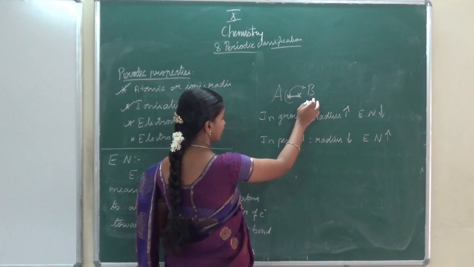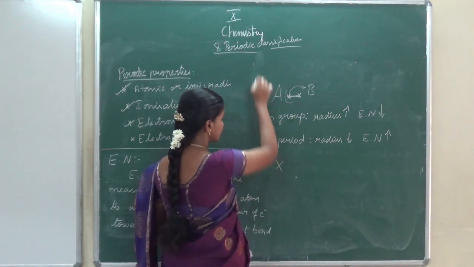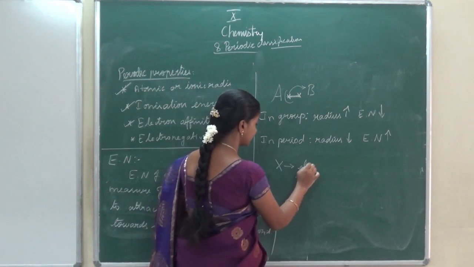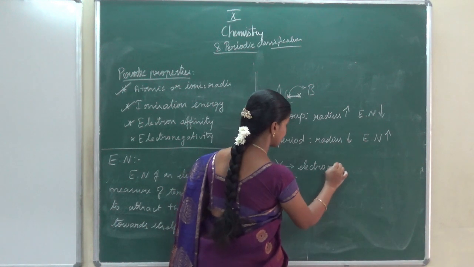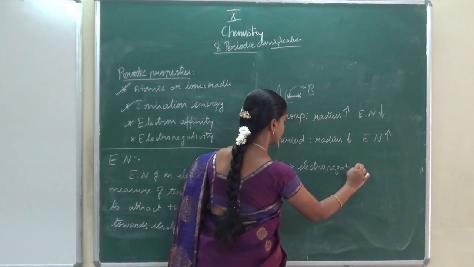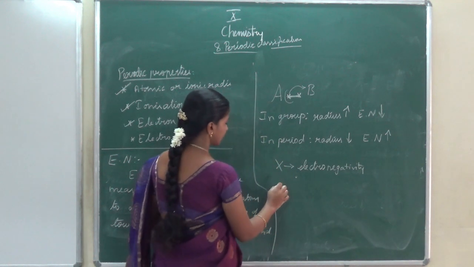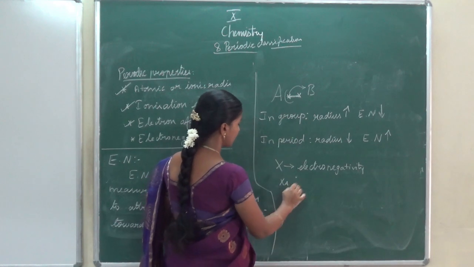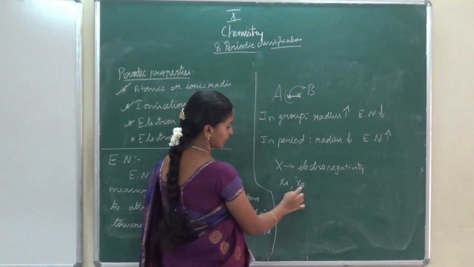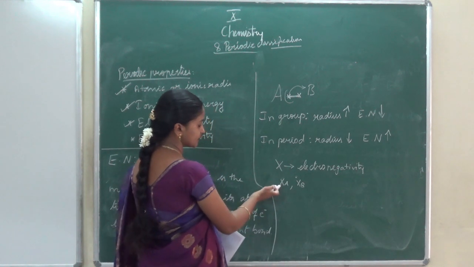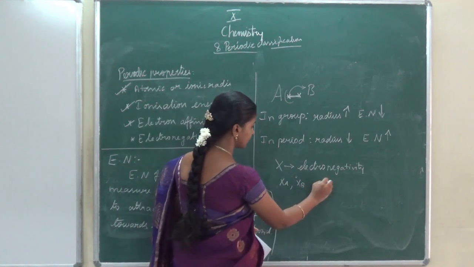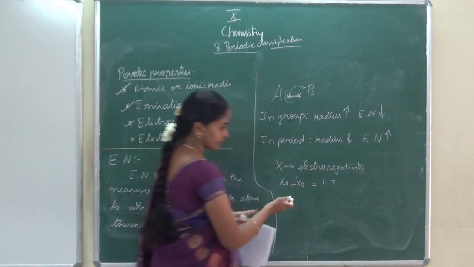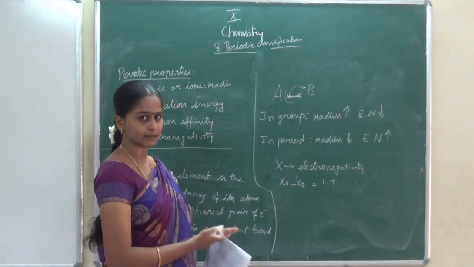Electronegativity is mentioned with the symbol X. Here X is nothing but electronegativity. When the electronegativity of atom A is XA and atom B is XB, and the difference XA minus XB is equal to 1.7, I will give the values for some elements now.